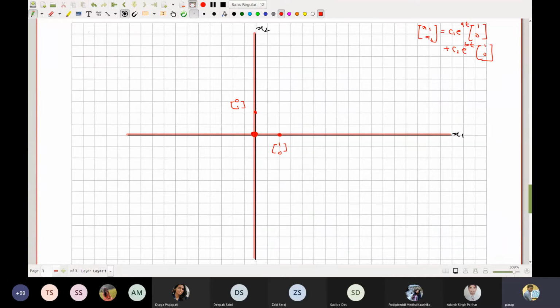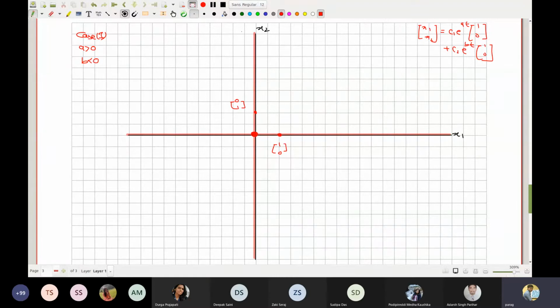So now case 1. When you have a greater than 0 and b less than 0, one of the eigenvalues is positive, whereas the other eigenvalue is negative, right?